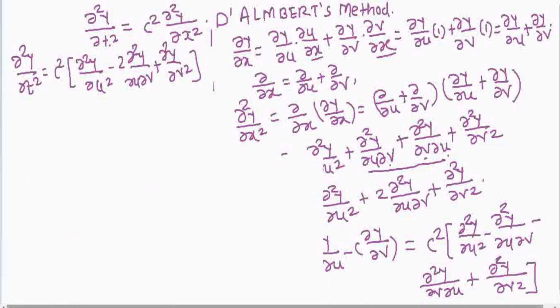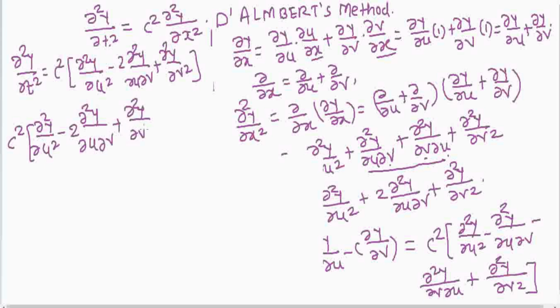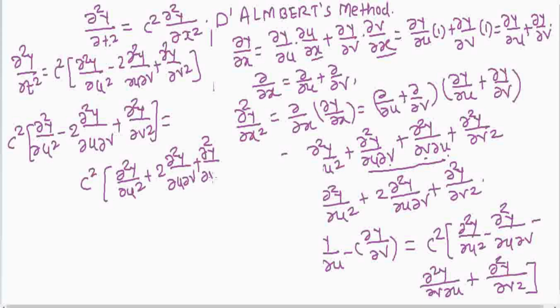If we put these two values in the given equation, ∂²y/∂t² is c² into ∂²y/∂u² minus twice ∂²y/∂u∂v plus ∂²y/∂v², equal to c² into ∂²y/∂x². ∂²y/∂x² is ∂²y/∂u² plus twice ∂²y/∂u∂v plus ∂²y/∂v².